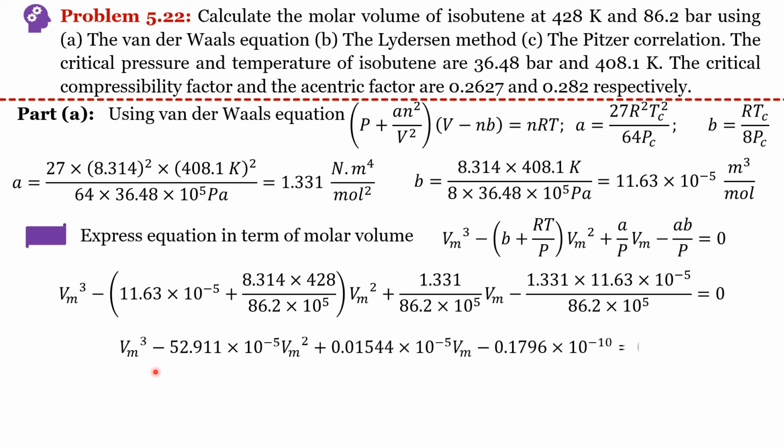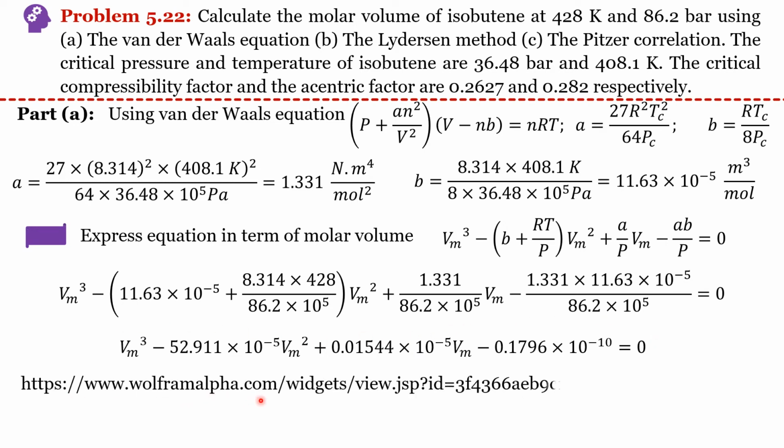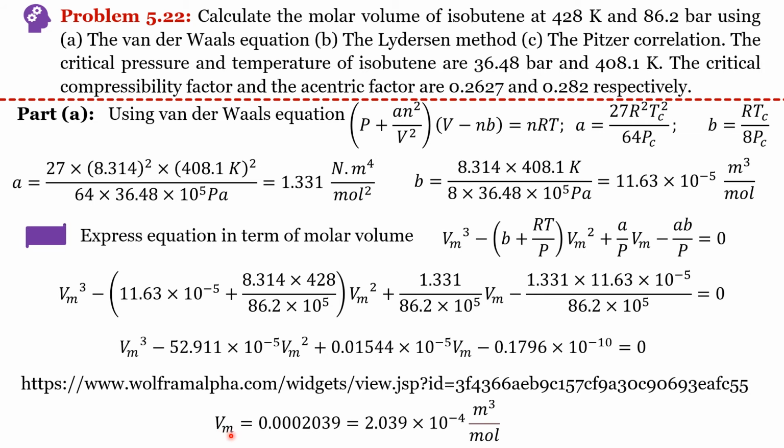After simplification, we will get this equation. Now with the help of this website, we can solve the above equation and we will get the value of molar volume. So molar volume equal to 2.039 into 10 raised to power minus 4 meter cube per mole.